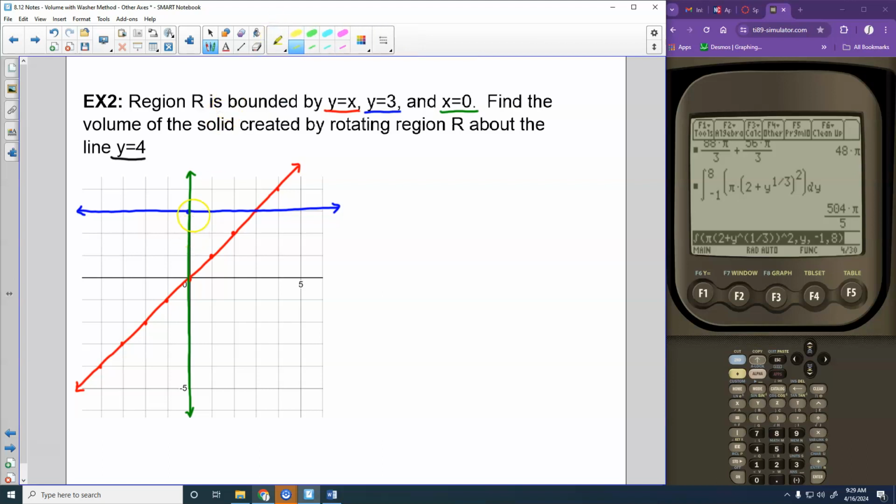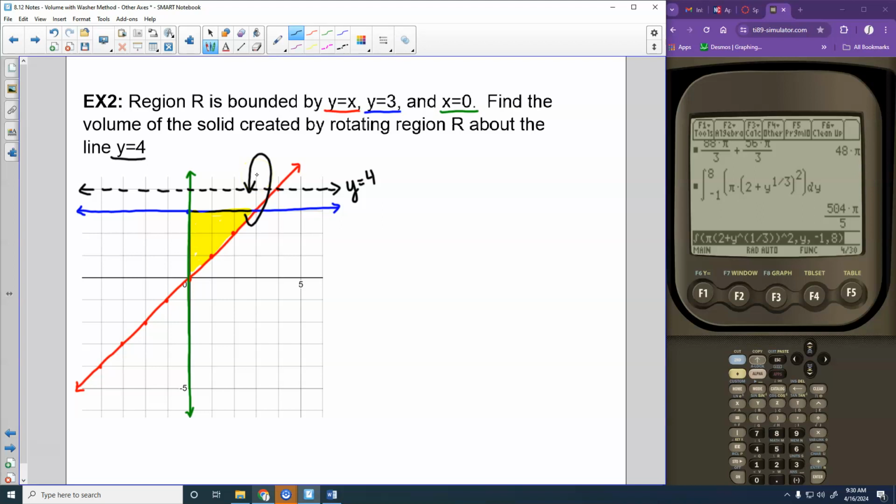And so we're looking at this region right here. And we are rotating around y equals 4, which I'm going to draw with a dotted line right here. Okay, so we're taking this and rotating it around that line.